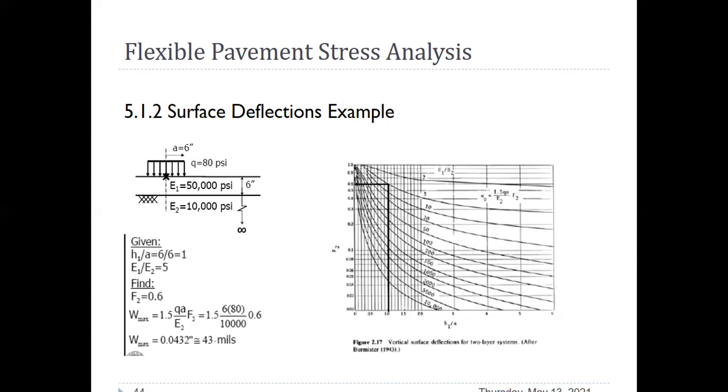And E1 is 50, E2 is 10, so this is 5. Just go perpendicular, and you get this. You can always find this value of maximum deflection.